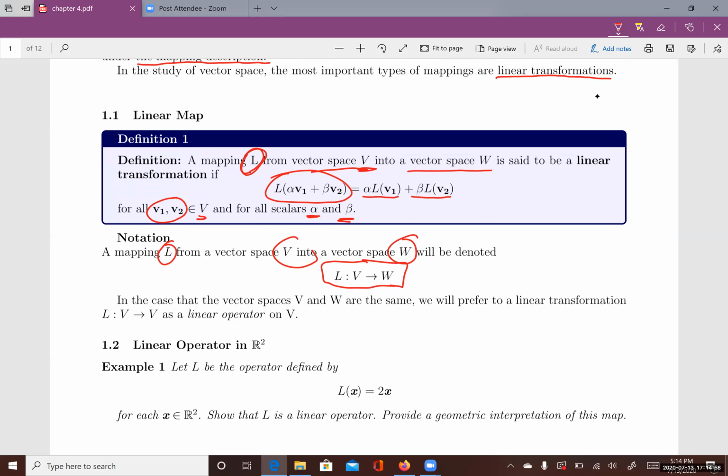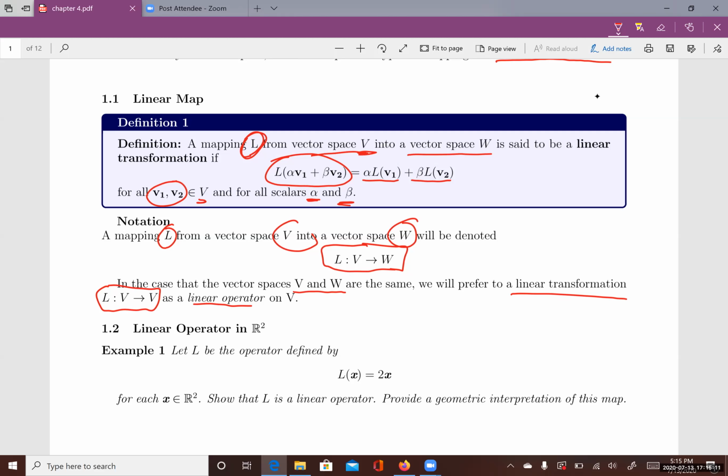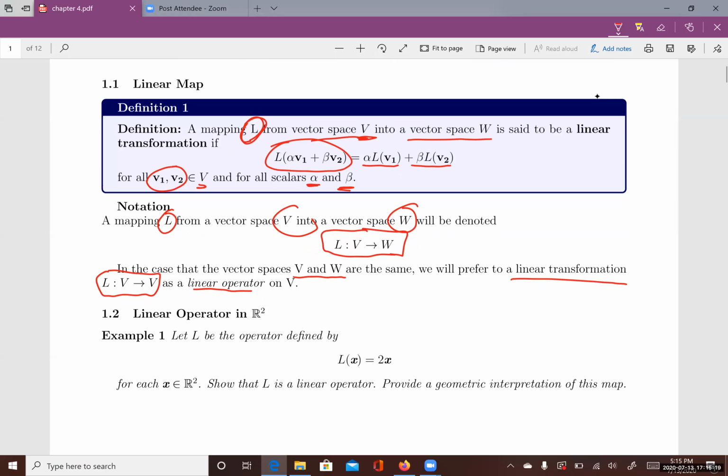If V and W are the same, we refer to a linear transformation L from V to V as a linear operator on V. So you take a set of vectors in V and you map it to another set of vectors of V under a map description. It's called a linear operator.